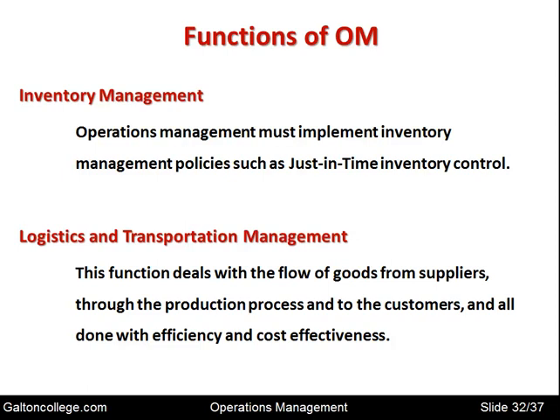That may be running a fleet of transport. The business runs a fleet of transport, or it could be they use couriers or outsource the transportation to some reputable company who will deliver the product. So it's constantly under review as to what is the best way of moving the goods from the business to the customer most efficiently.